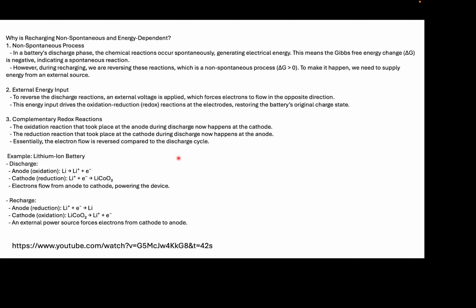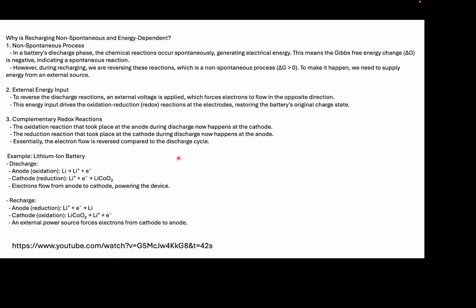So in a battery's discharge phase, the chemical reactions occur spontaneously, generating electrical energy. This means the Gibbs free energy change, that is delta G, is negative, indicating that this process is a spontaneous process. However, during recharging, we are reversing these reactions, which is a non-spontaneous process.